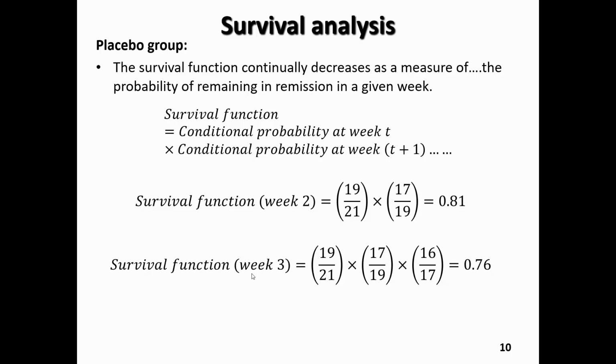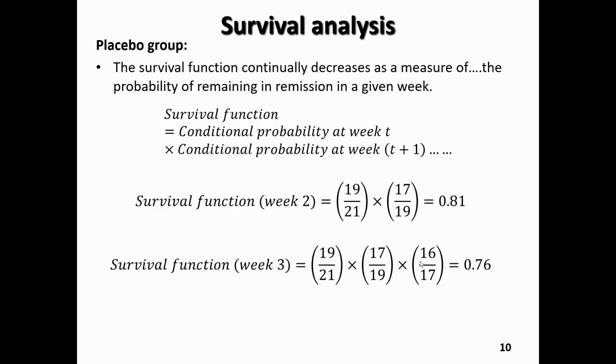As we move on to week 3, now you see 3 entries here. We have the week 1 fraction, the week 2 fraction, and in week 3 we have one more loss in the number in remission.